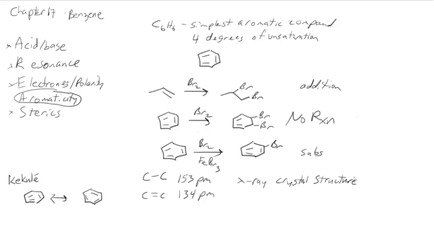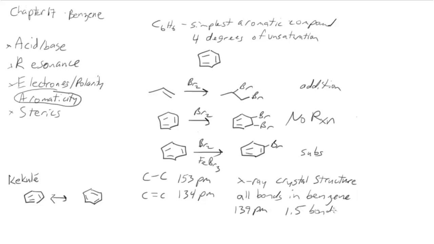We would run an X-ray crystal structure of benzene to see which bonds are single bonds and which bonds are double bonds. And when we do that, what we find out is that all the carbon-carbon bonds in benzene are 139 picometers long, which places them somewhere between a single bond and a double bond, so we call them all 1.5 bonds.